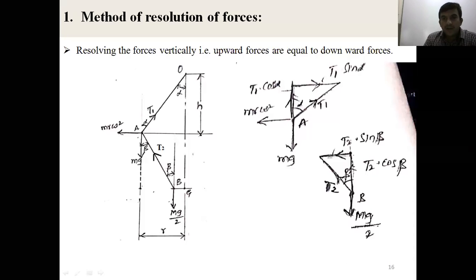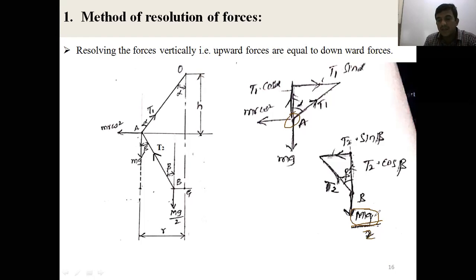Now, similarly, resolve the forces. First, resolve the force acting on the governor ball. At the same time, resolve the force acting at the sleeve here. Total weight of the sleeve is mg. Now we split it into two portions. We consider only the left side portion. Another side portion is also there. That's why we divide by 2.